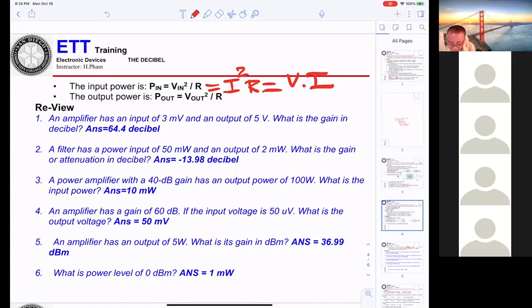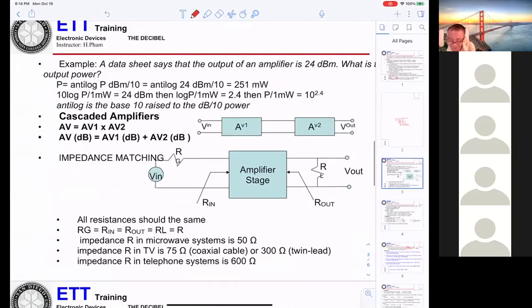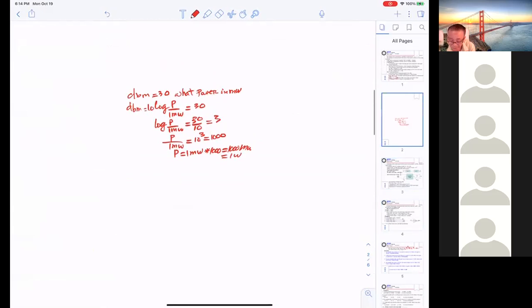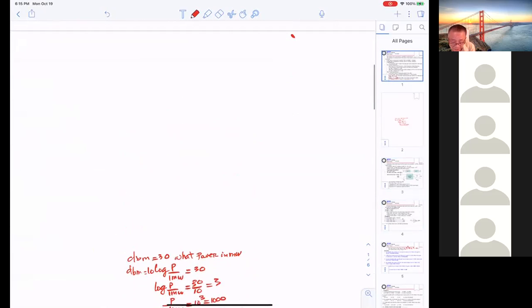Okay, so you get input 3 millivolt, right?